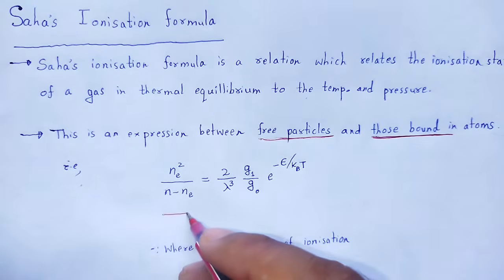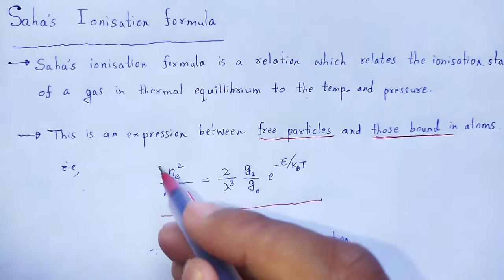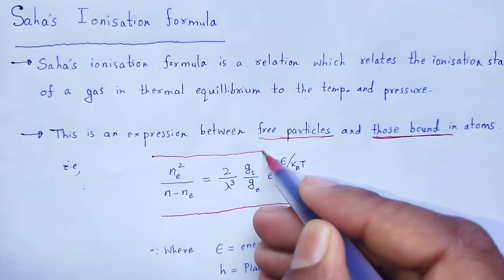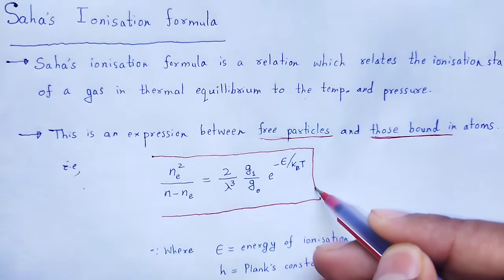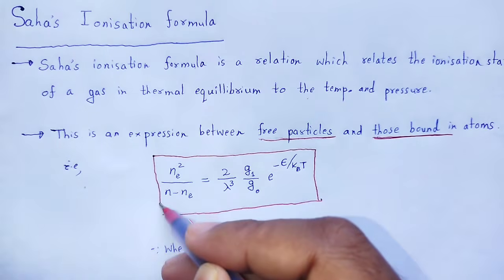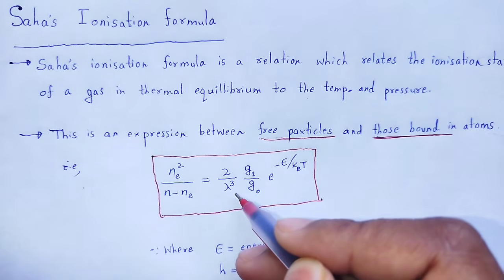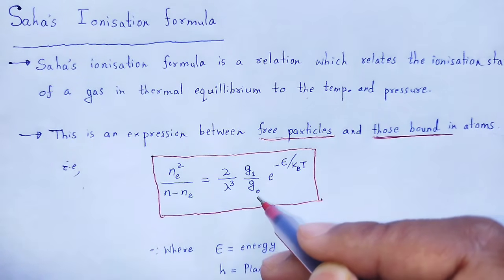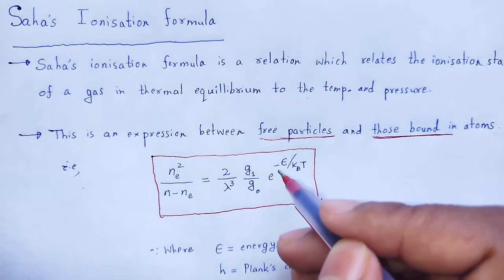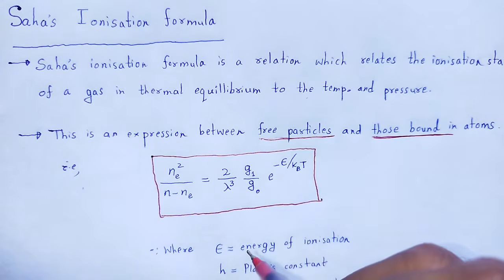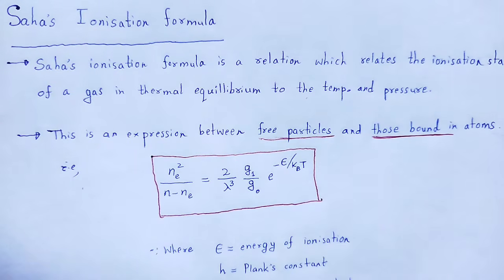Mathematically, n_e squared divided by (N minus n_e) is equal to 2 divided by lambda cubed times g1 divided by g0 times e to the power minus epsilon divided by k_B T. What are these terms?